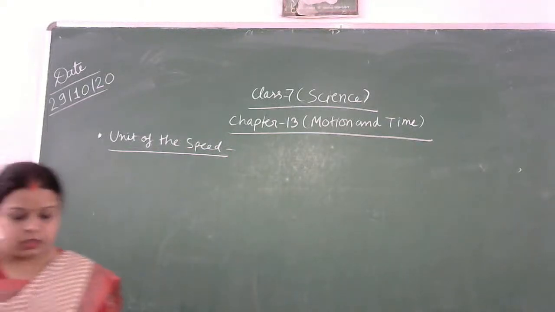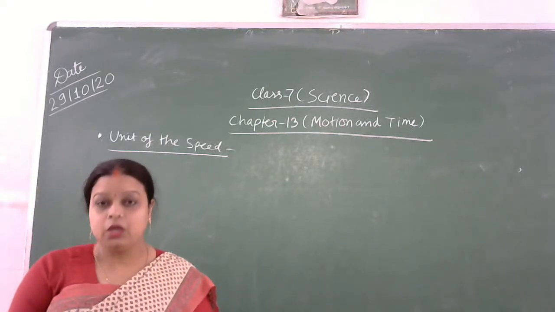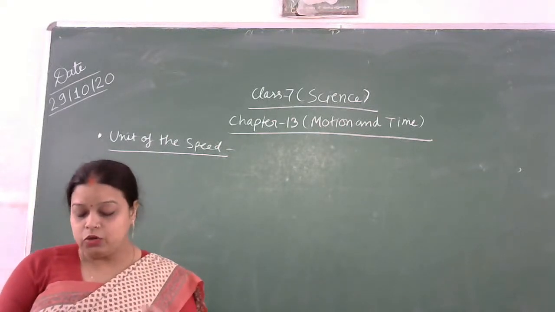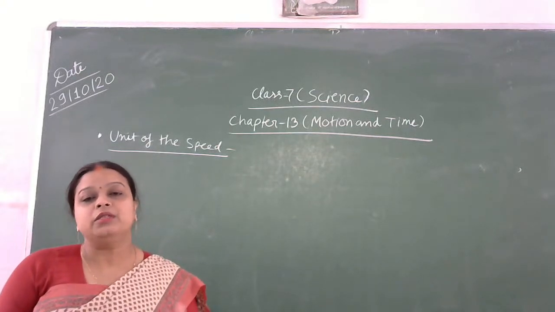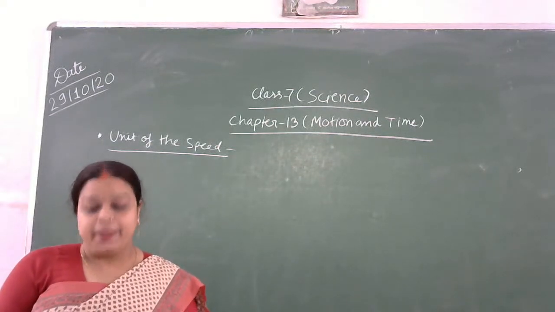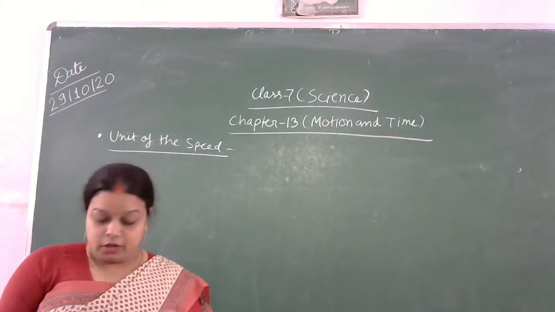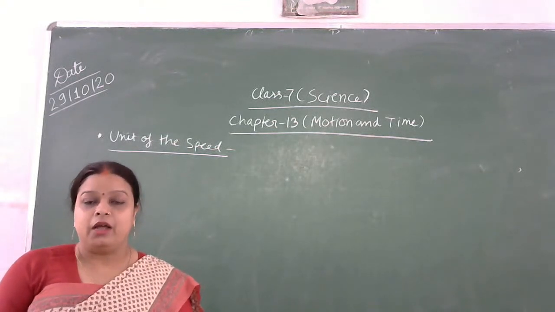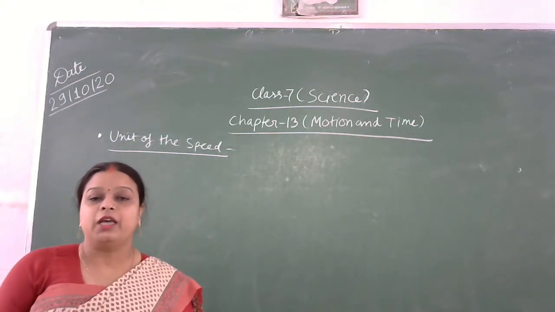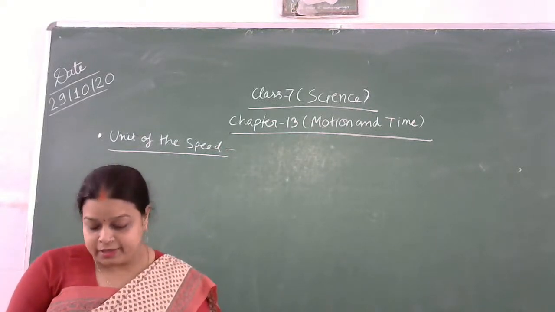Unit of the speed. We know that the standard unit of the distance is meter, and this is represented by the small m, and the standard unit of the time is second, and this is represented by the small s.